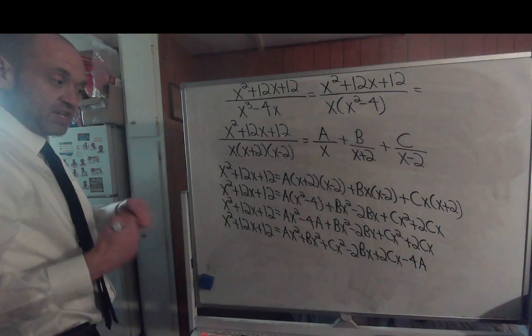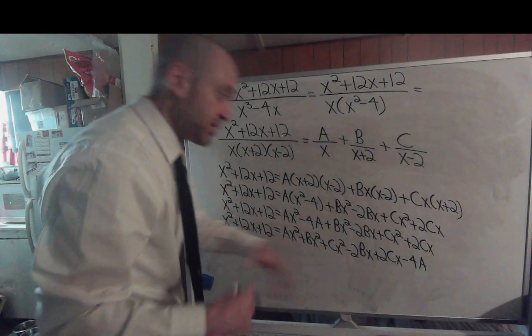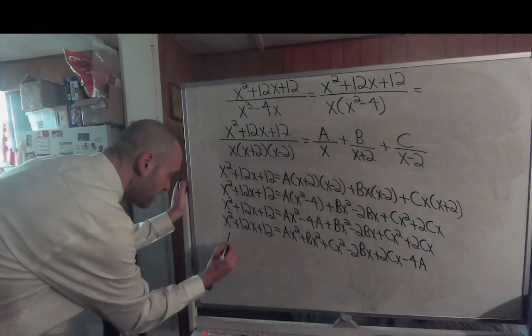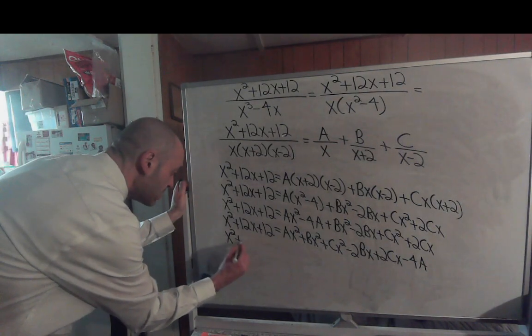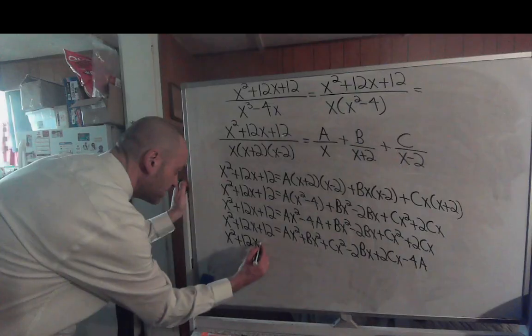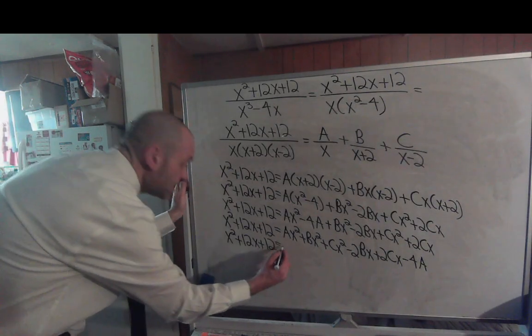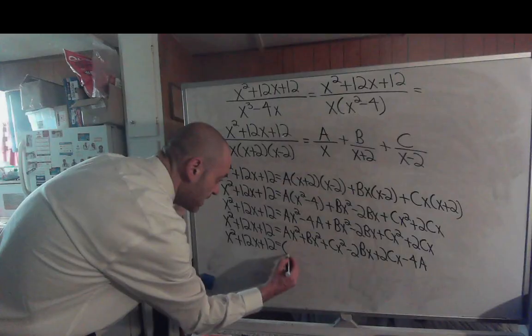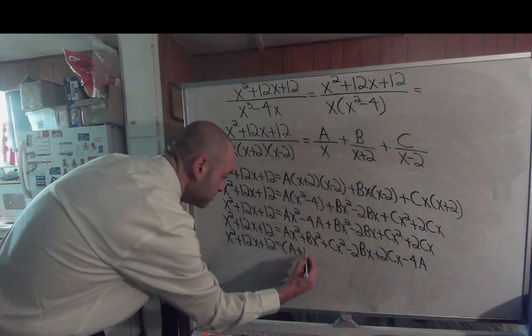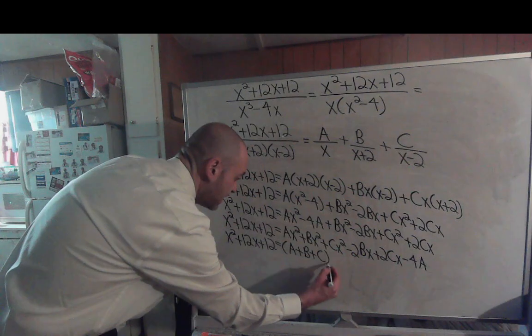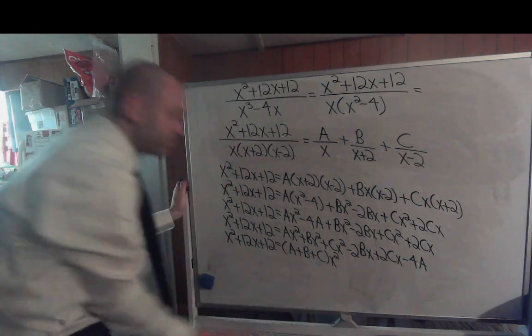And then, of course, like before, you need to factor out the common factors. So you would have x squared plus 12x plus 12 is equal to a plus b plus c times that x squared.